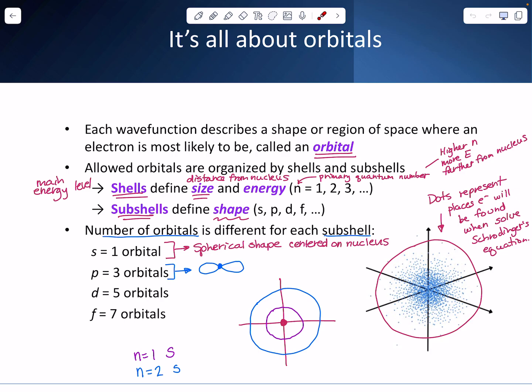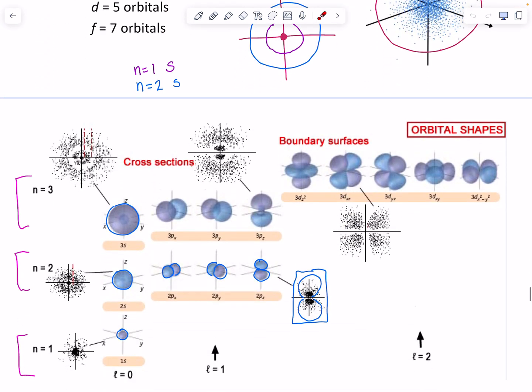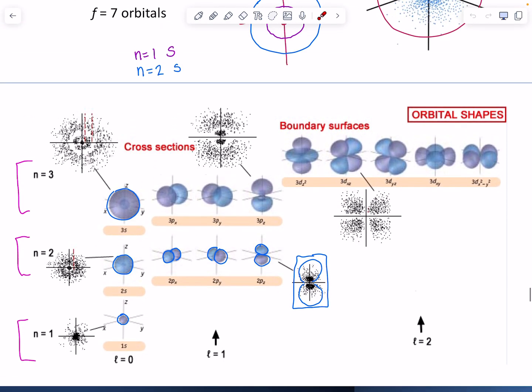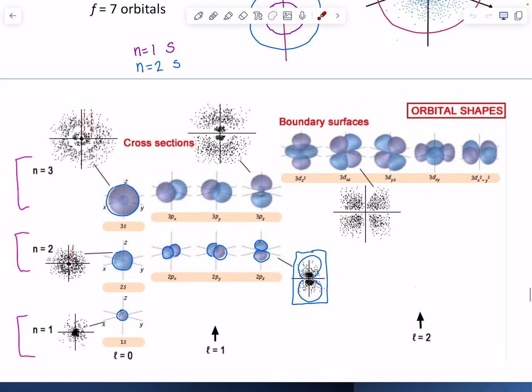Then our next level of detail or honing down on where the electron is going to be is given by the l quantum number, and that quantum number is going to give us the shape.